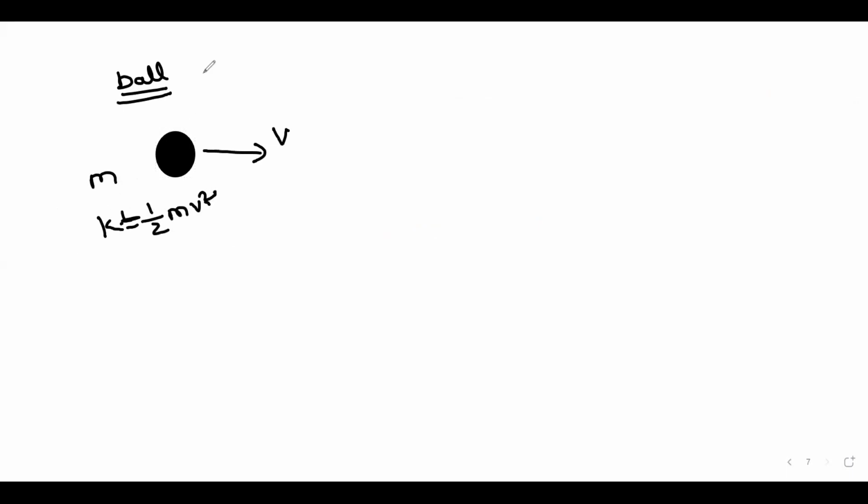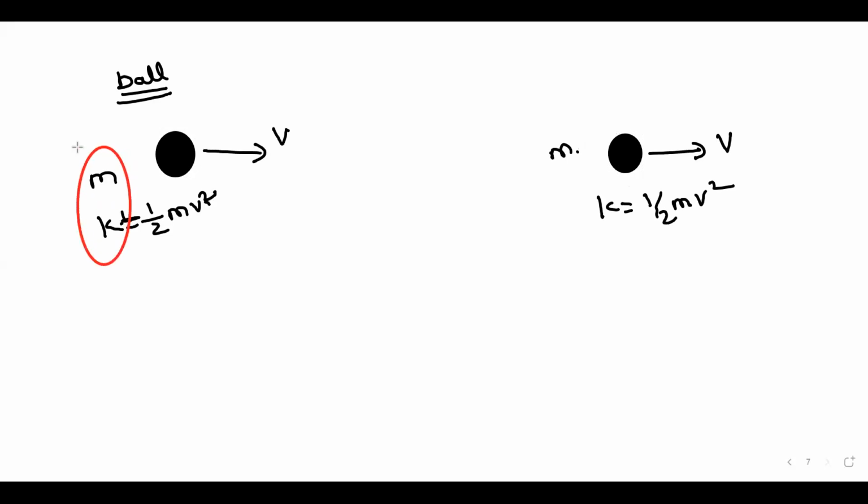So this ball travels from here to here, right? Here it has velocity v, kinetic energy half m v square, and mass m. So you can see that both the mass of the ball and the kinetic energy are traveling. Is it clear?